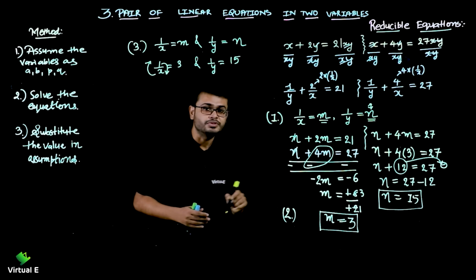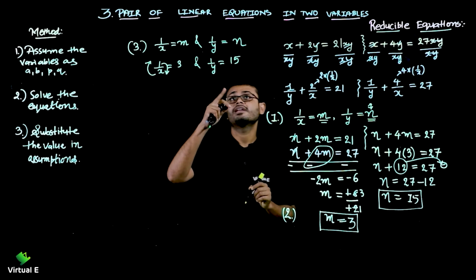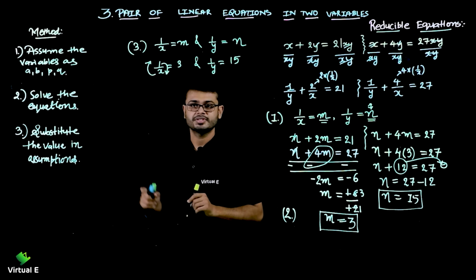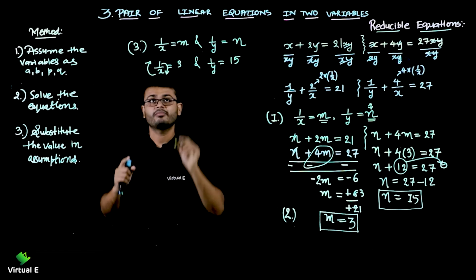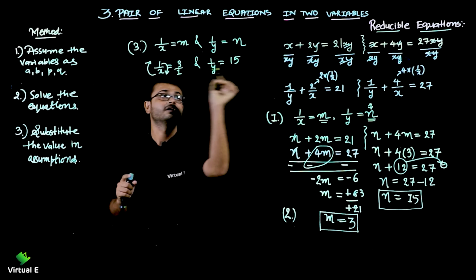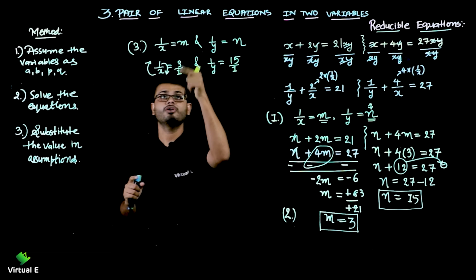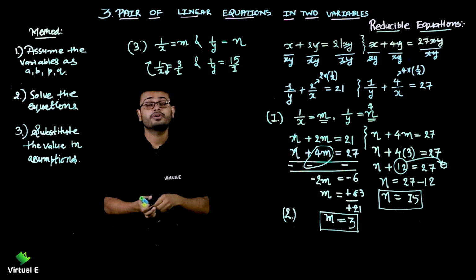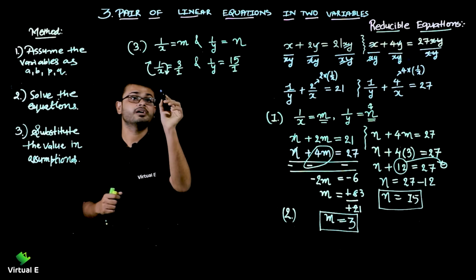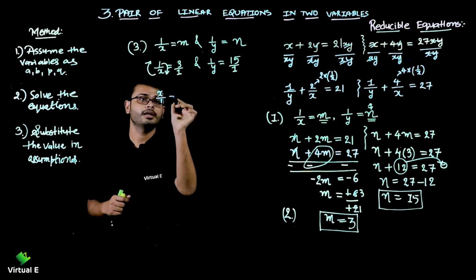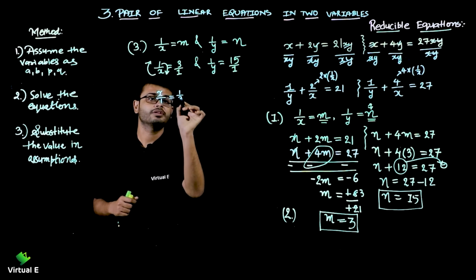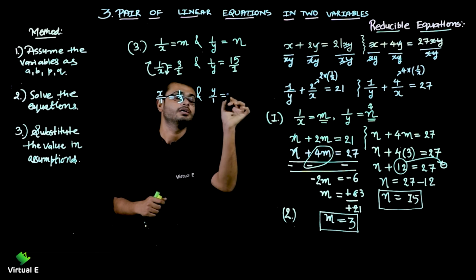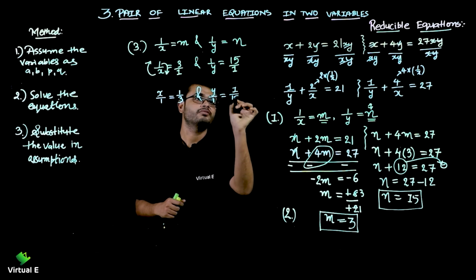But you will get confused that 3 and 15 are not having any kind of denominator. Remember rational numbers. Whenever there is no denominator, there is always 1, right? So I can write it as 3 over 1 and 15 over 1. So if I do reciprocal now, this will become x over 1 equals 1 over 3, and here y over 1 is equal to 1 over 15.